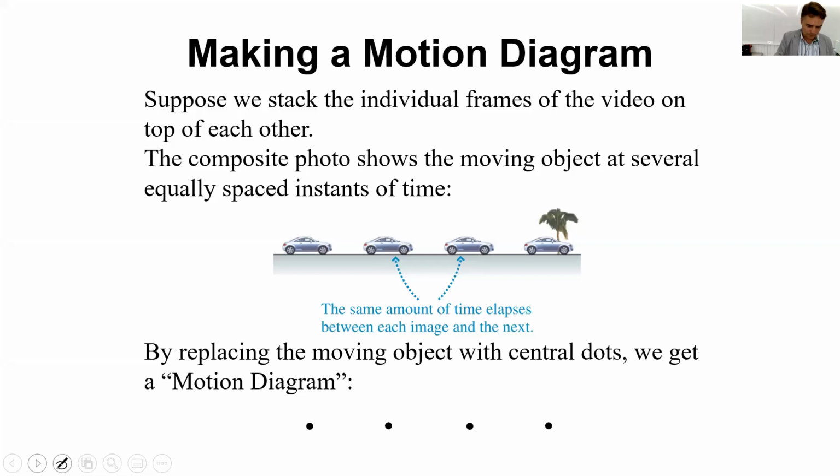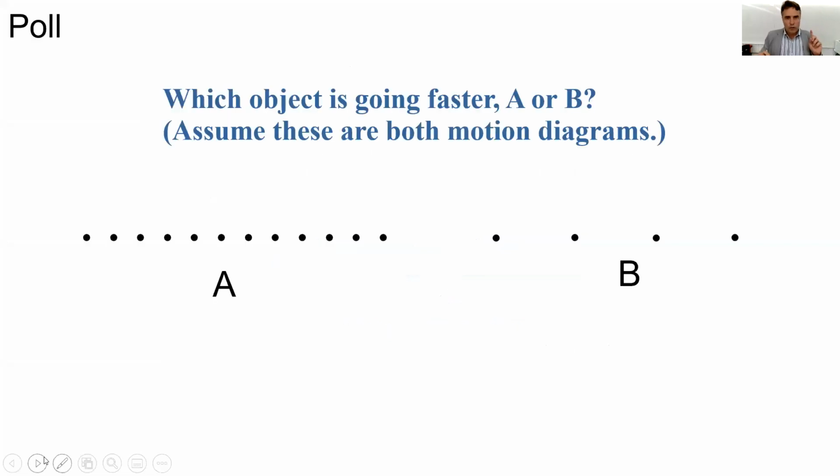Sorry about that, because it's not in the textbook. So hopefully you can see these 2 objects, object A and object B, 2 motion diagrams. My question is, which one is going faster, A or B?